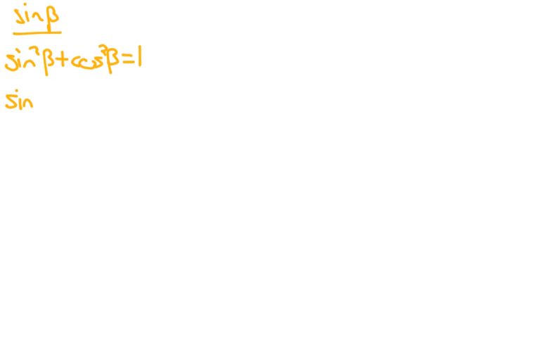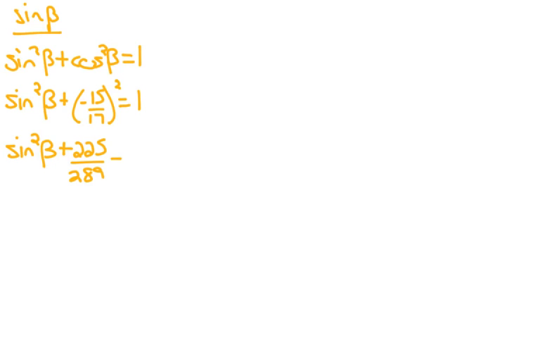We don't know sine B. Cos B is negative 15 over 17. And do the math to solve for sine B. Subtract the 225 over 289. We get sine squared B equals 64 over 289.